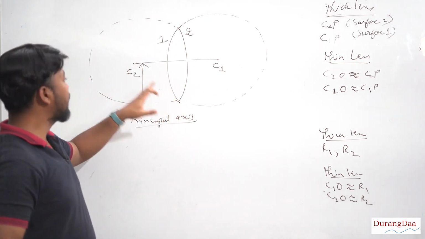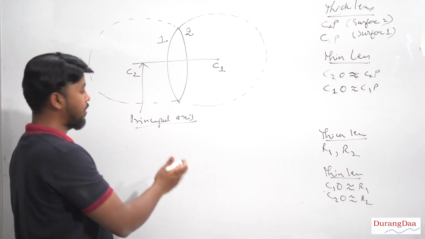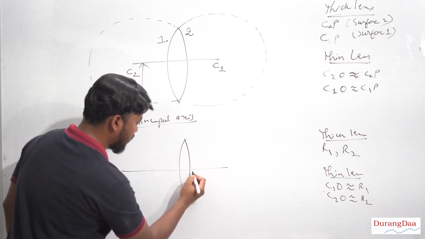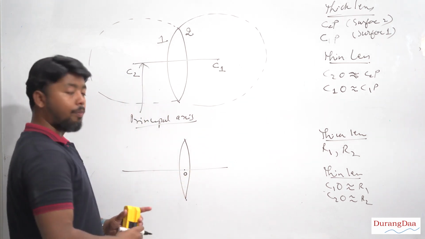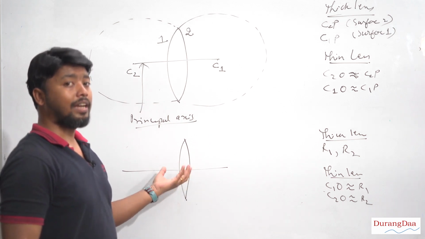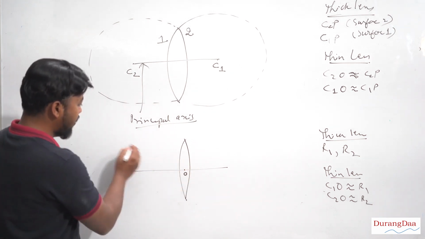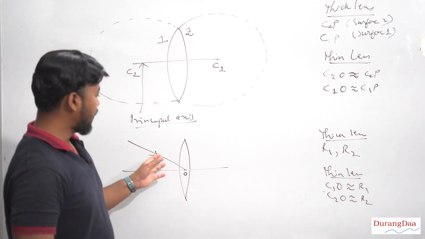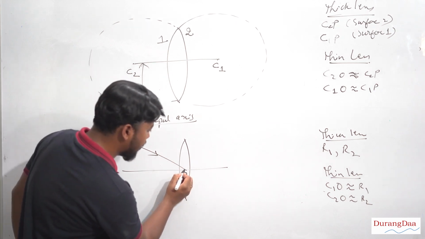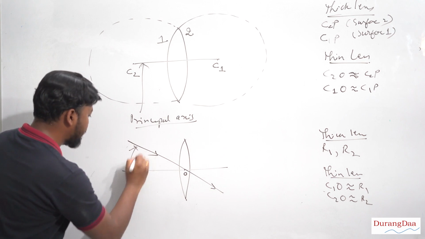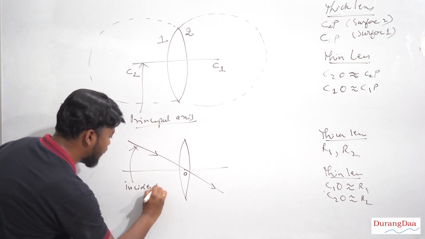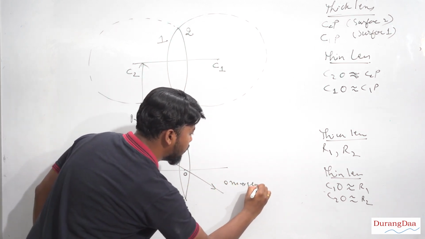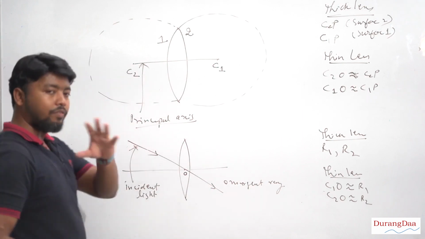So now we can define: optical center is a point which lies on the principal axis such that if a ray of light falls incident on it, after refraction, this one is the incident light ray, and this one is the emergent ray.